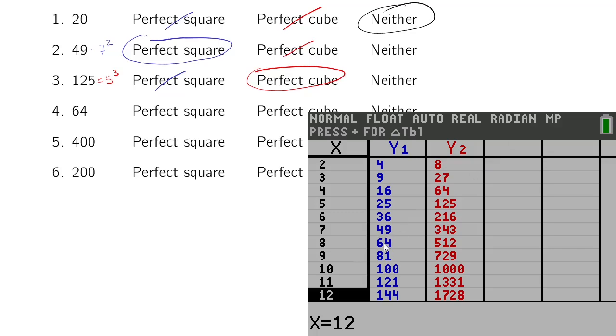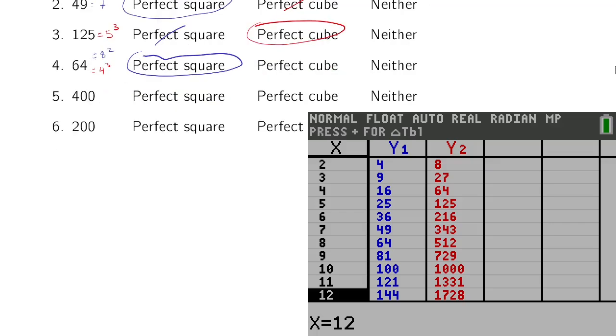Looking at my list, 64 is a perfect square. It's 8 squared. But it's also a perfect cube. It's 4 cubed. A number can be both a perfect square and a perfect cube. So just because I found it on one list doesn't mean I don't need to look for it on the other.